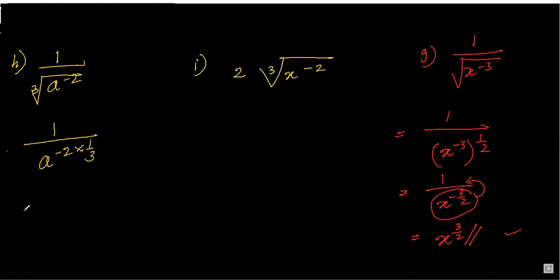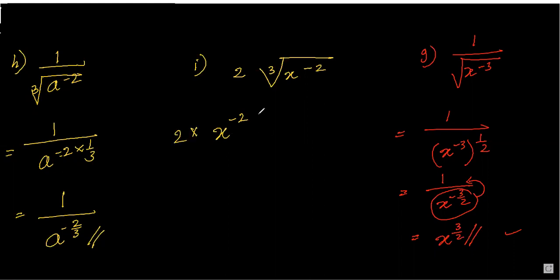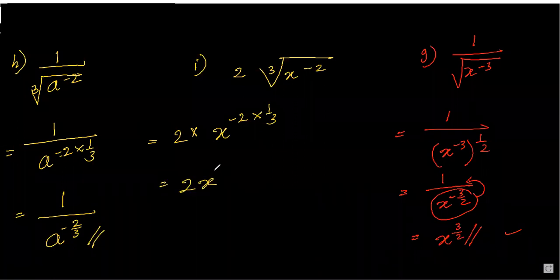Then you can write 1 over a to the power minus 2 times 1 minus 2 over 3. This one, x to the power minus 2, then here have 2. This one just write like this, into x to the power minus 2 into 1/3. Then you can write 2 x to the power minus 2/3.